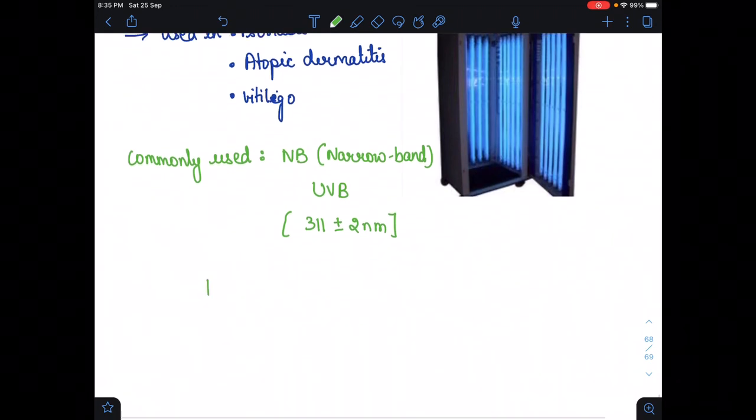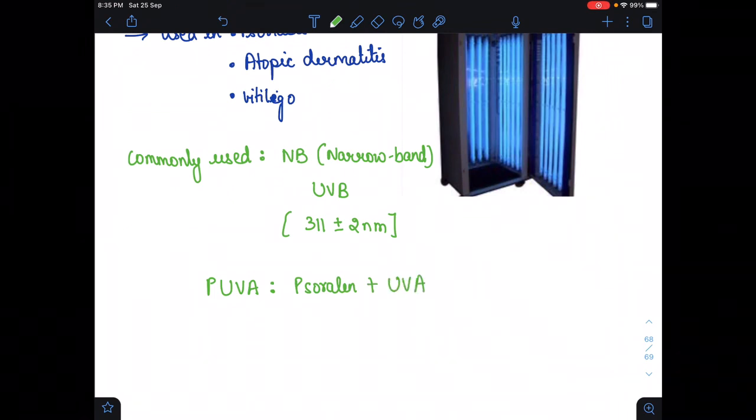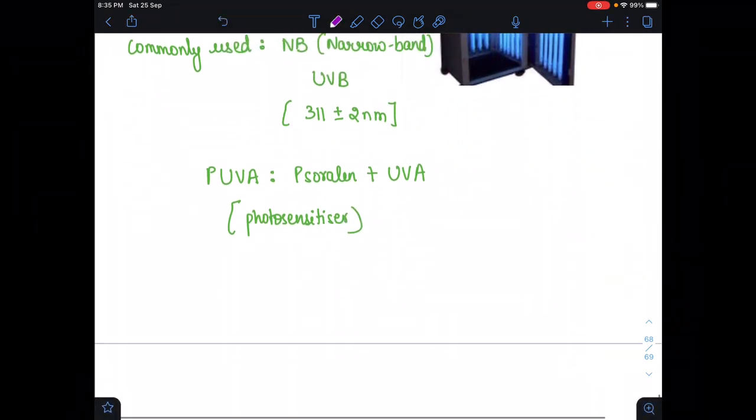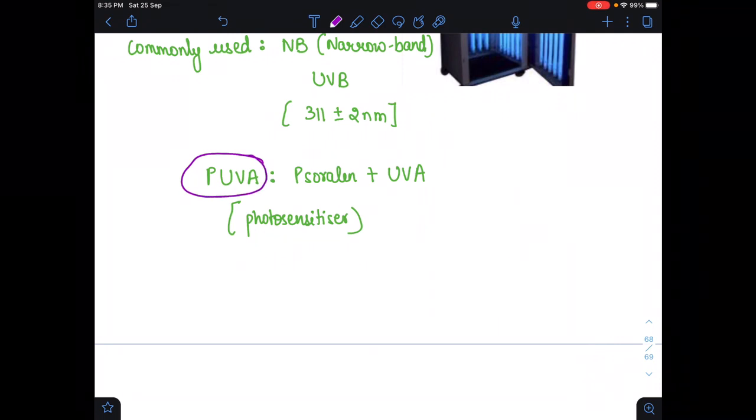And also in PUVA, we use psoralen plus UVA, that is psoralen plus ultraviolet A rays, where psoralen is a photosensitizer. PUVA is used topically or systemically.